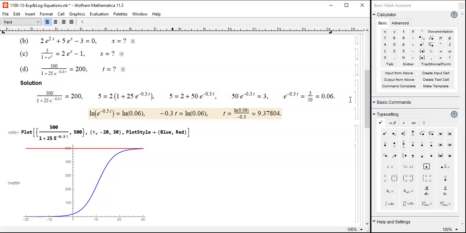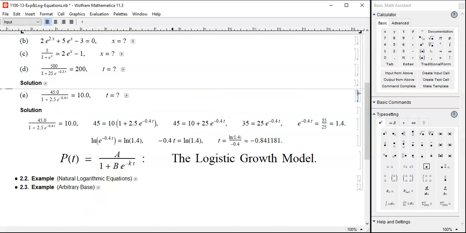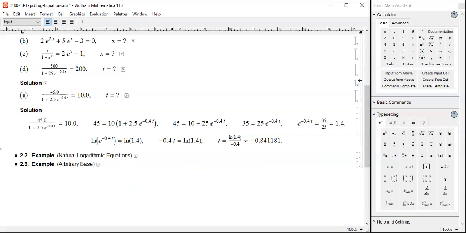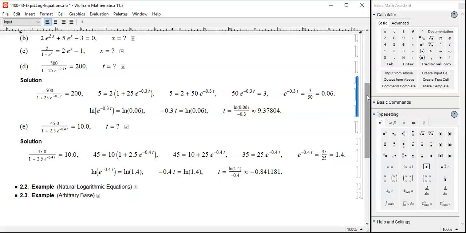We're going to talk a little bit more about logistic modeling and this kind of function next week, because we're going to deal with exponential and logarithmic modeling in module 14, and that's where we're going to study all these again. For now, let's look at those in terms of just the algebraic method to solve these equations.